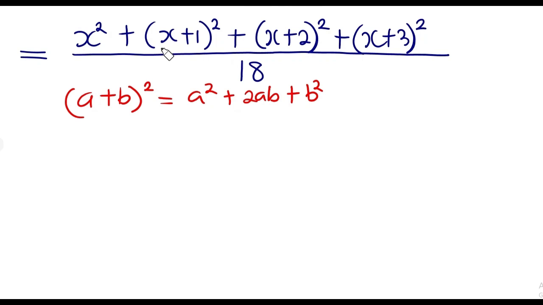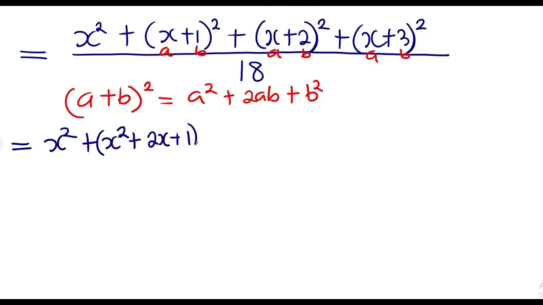Applying this, x is my a, 1 is my b; here x is my a, 2 is my b; then here x is my a, 3 is my b. This expression can now be written as x², that is the first one, plus x² + 2x + 1², and 1² is just 1. That is the expression of this.